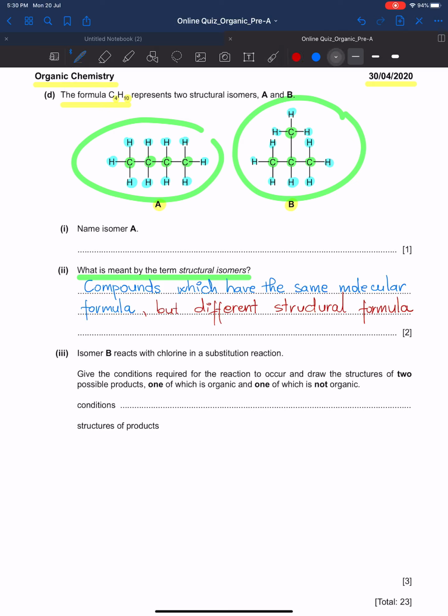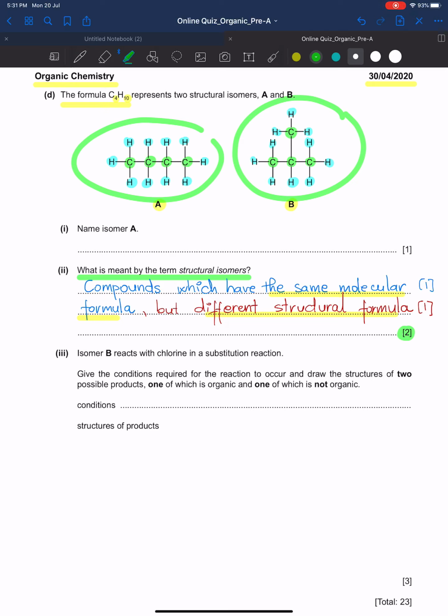If you manage to mention both of these parts, the same molecular formula and a different structural formula, this will bring you 2 marks. Each one of these will obviously bring you 1 mark. In total, this will bring you 2 marks.